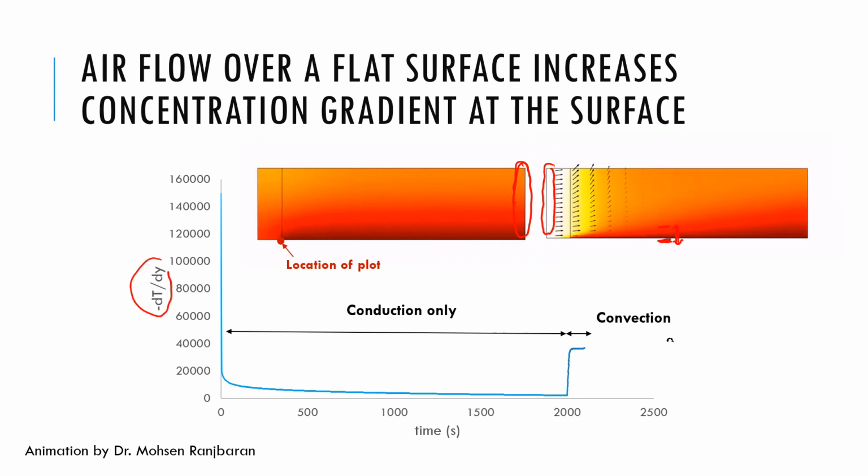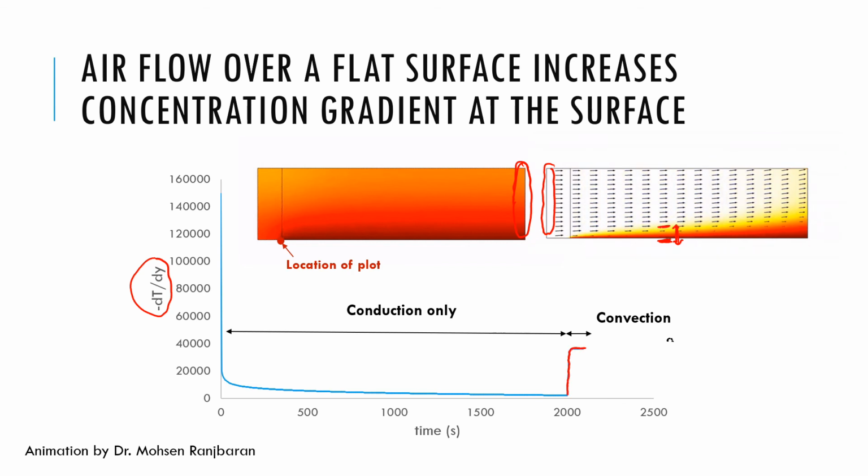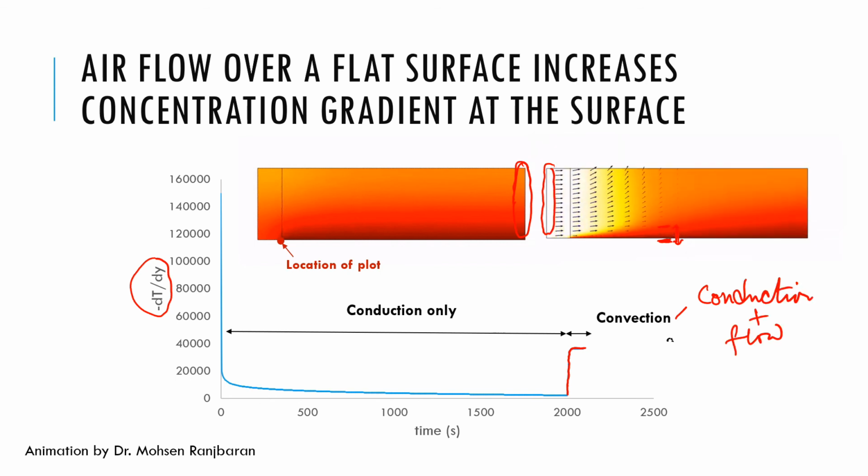So the gradient is increased, and the rate of heat transfer is increased. This is the central concept of convection over conduction. So convection, which is conduction plus flow, the flow basically helps to maintain a higher gradient and therefore a higher rate of heat transfer than conduction.